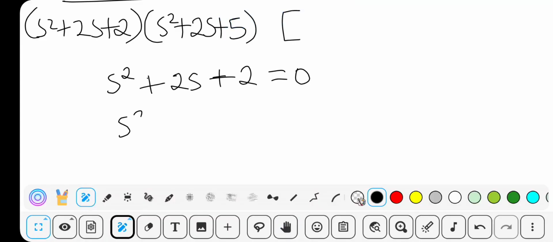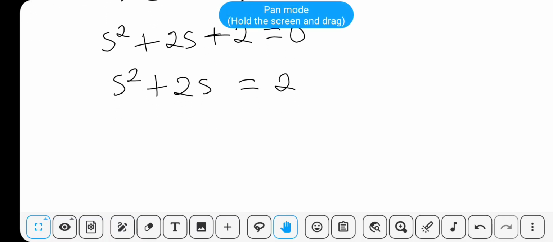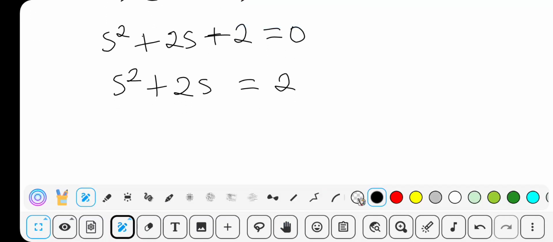So using the completing the square method, you have s squared plus 2s will be equal to 2, and then you add the square of half of the coefficient of s to both sides.